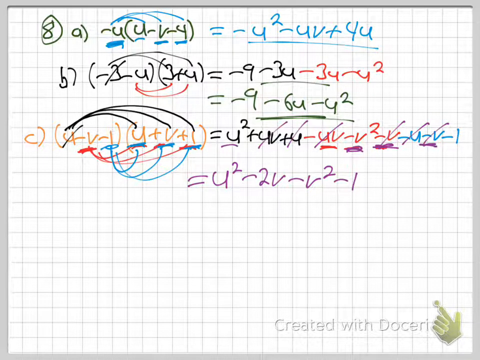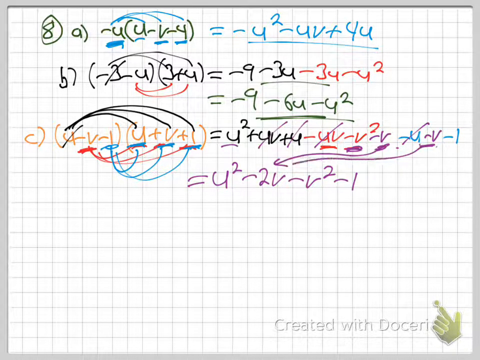I underlined them to make sure I didn't lose anything, and I shouldn't have canceled these minus v's. They didn't actually cancel. They combined, didn't they? Minus v and minus v made minus 2v. Whoops. It doesn't matter what order you have these in. They made minus 2v, and then minus v squared and minus 1. The other stuff canceled. There it is.